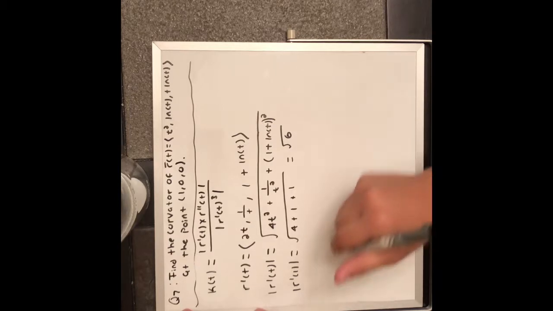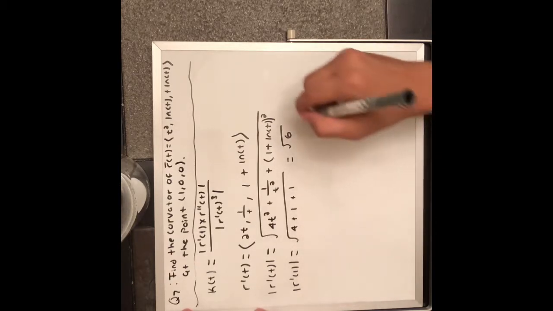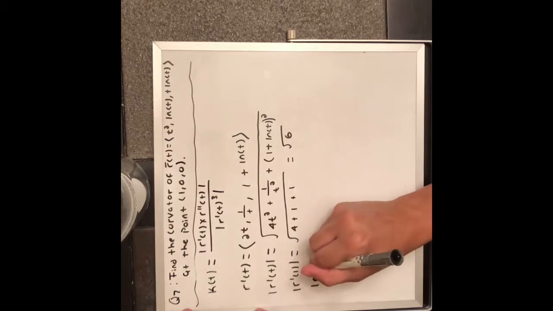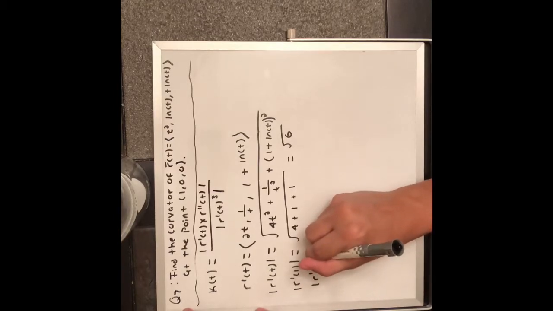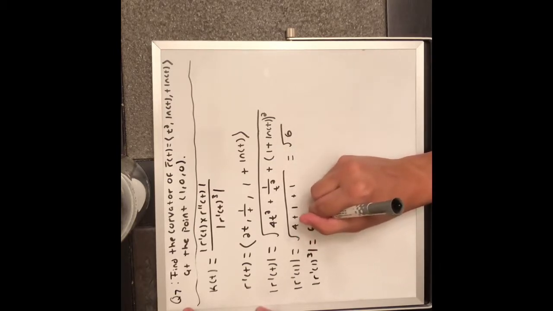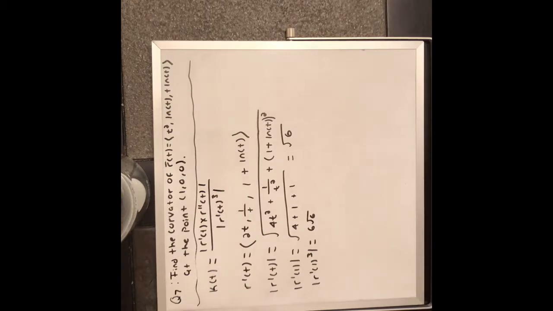And now we can cube this. So that will simply be 6 square root of 6. This is our magnitude of r prime of t cubed. We'll be using that later.